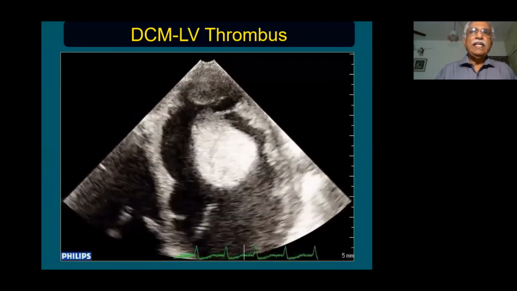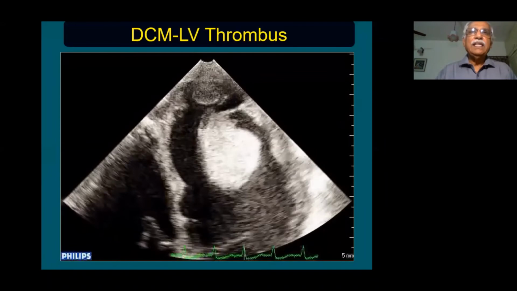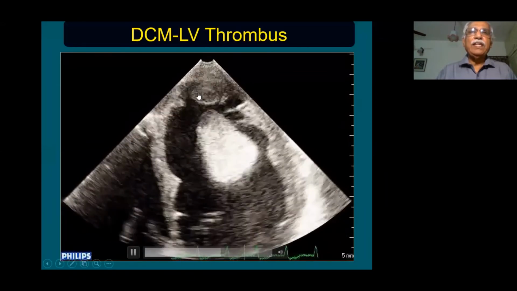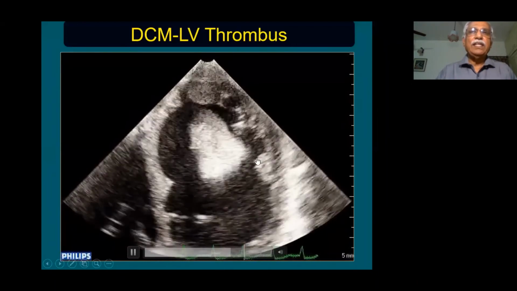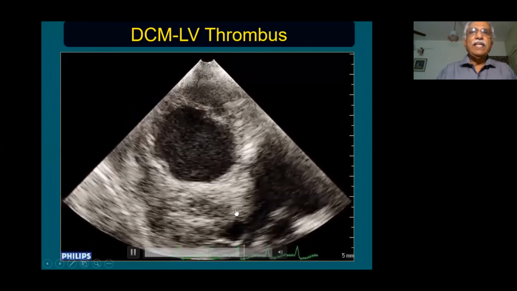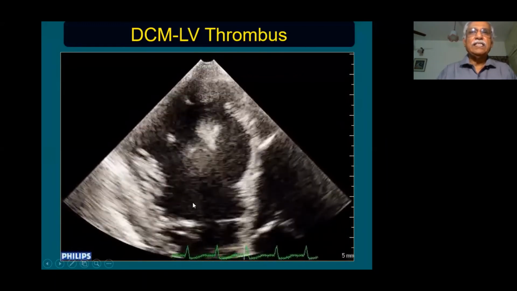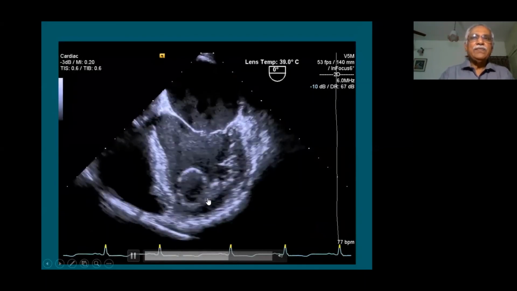Now you can identify clearly the attachment to the left ventricular apex. In addition to this large mass, there is another mass near the left ventricular apex. So there are multiple thrombi inside the left ventricle in this patient with dilated cardiomyopathy, very severe LV dysfunction, systolic dysfunction.